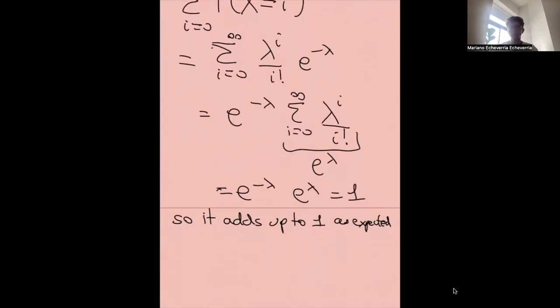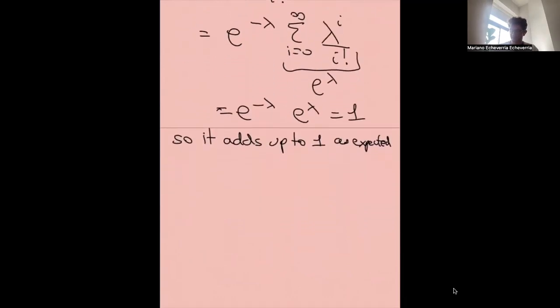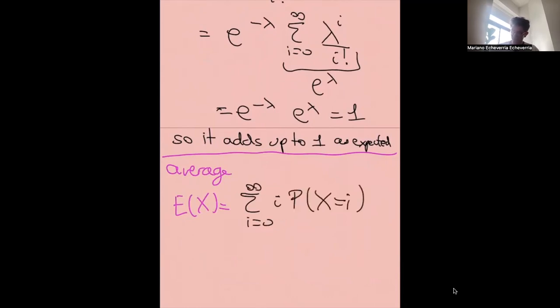And the other thing that is useful to see is the expected value, or the average. It's also nice to see in this case concretely. So what's the average here, or the expected value? It would be the sum from i equals 0 to infinity of i times the probability that x equals i.